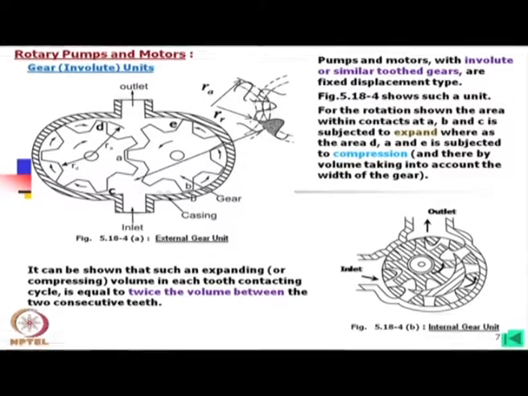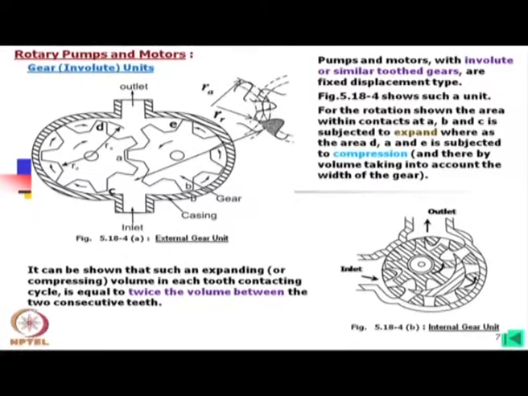Whatever oil is expanding is entrapped in these two volumes and goes to the other side. Similarly, this area also, from maximum to minimum, again has a volume equal to that between two teeth.